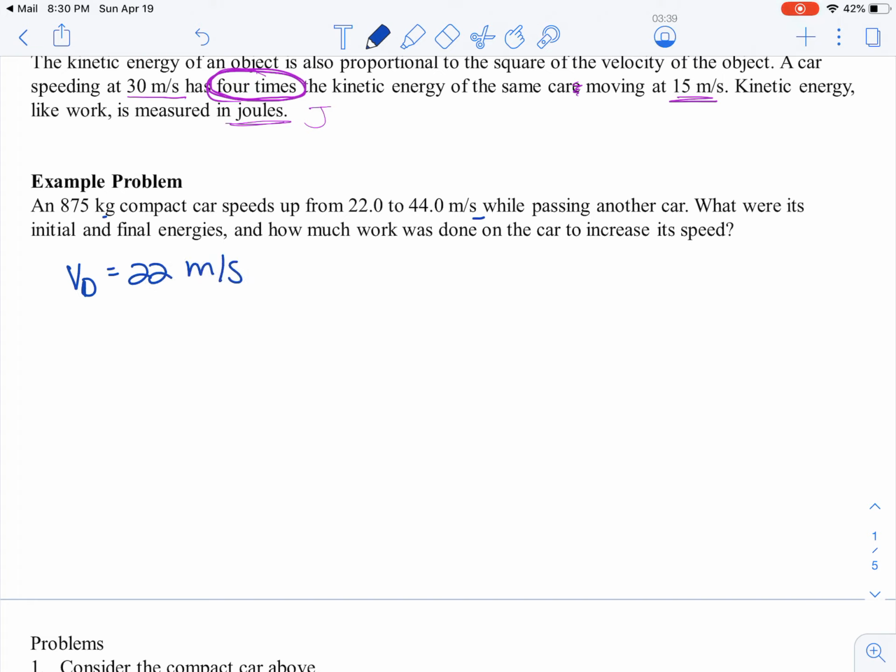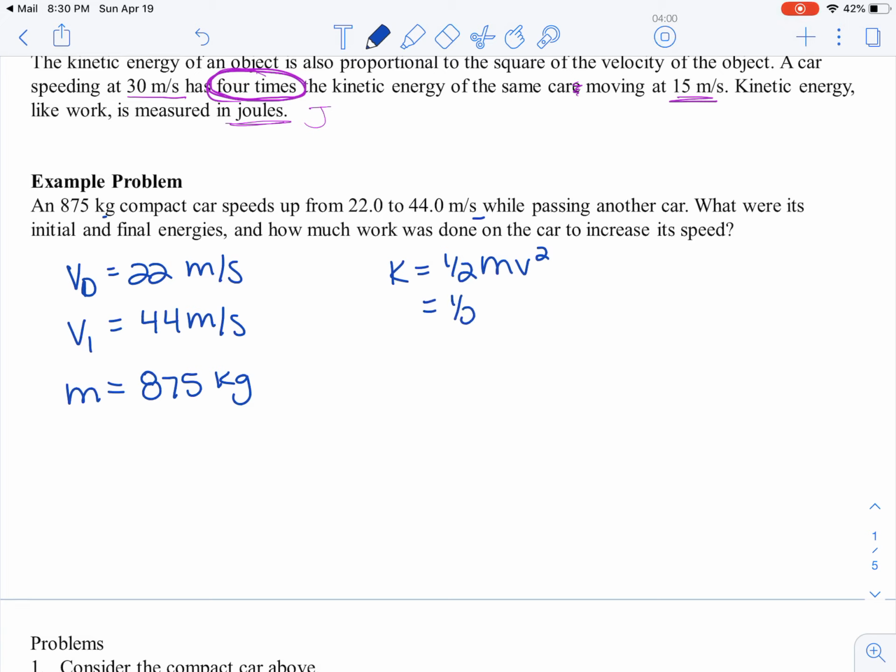It starts at 22 meters per second. It ends at 44 meters per second. The mass is the same for each velocity. Our equation for kinetic energy is 1/2 mv squared. So we plug in everything that we are given.